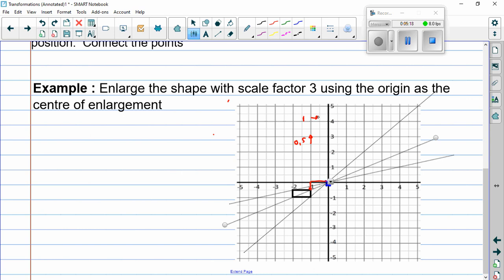No, we're going from the center, remember, to our shape when we count. So we should say 1 to the left and 0.5 down. Now we're going to enlarge by a scale factor of 3. So 1 times 3 is 3, and 0.5 times 3 is going to be 1.5.